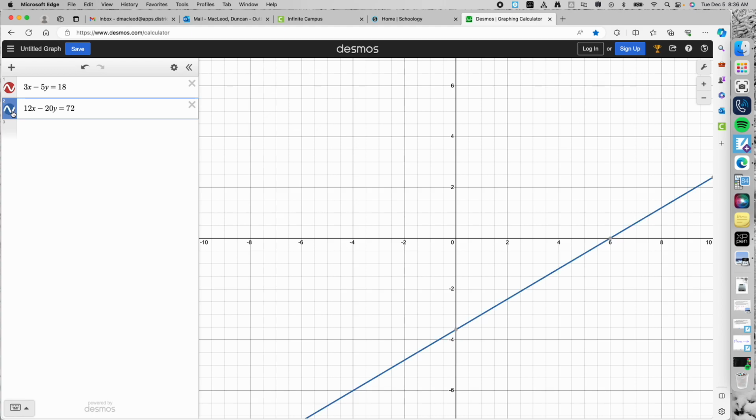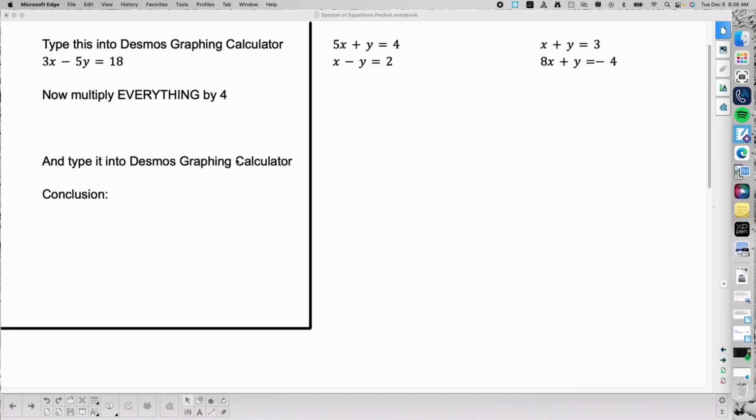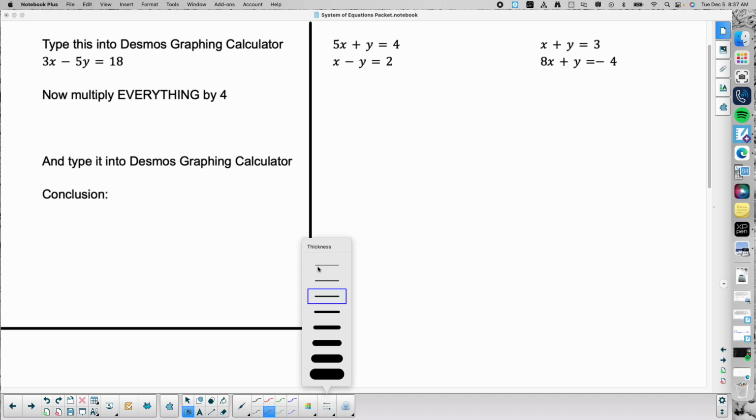So I guess we're supposed to figure something out from that. The multiplied by 4 would be 12x minus 20y equals 72.